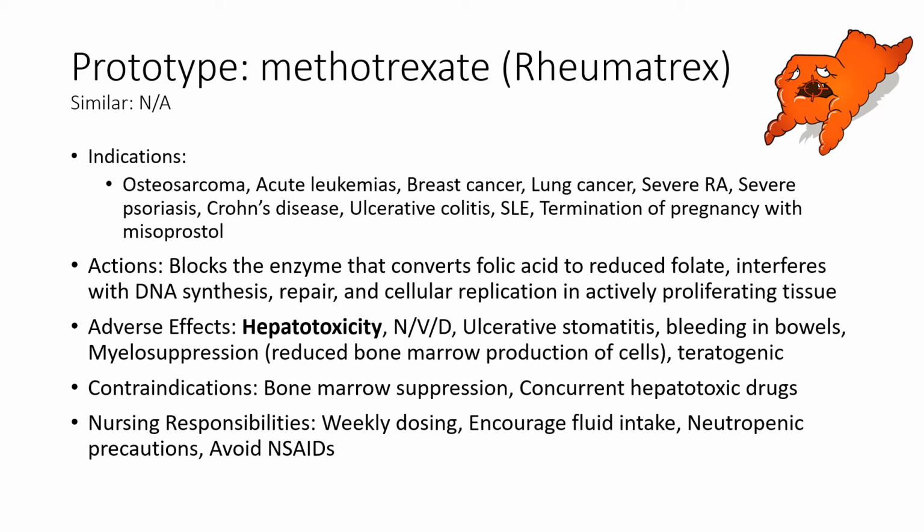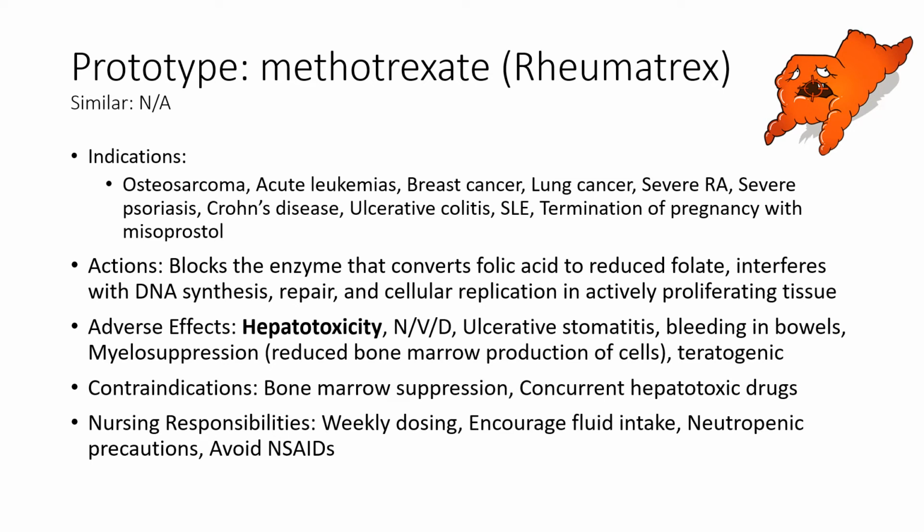Of course, bone marrow suppression. It's definitely a teratogenic, so it would be toxic if given to a pregnant woman. Say someone was taking it for lupus or Crohn's disease or something other than cancer. You wouldn't want them to become pregnant at the same time while on methotrexate.